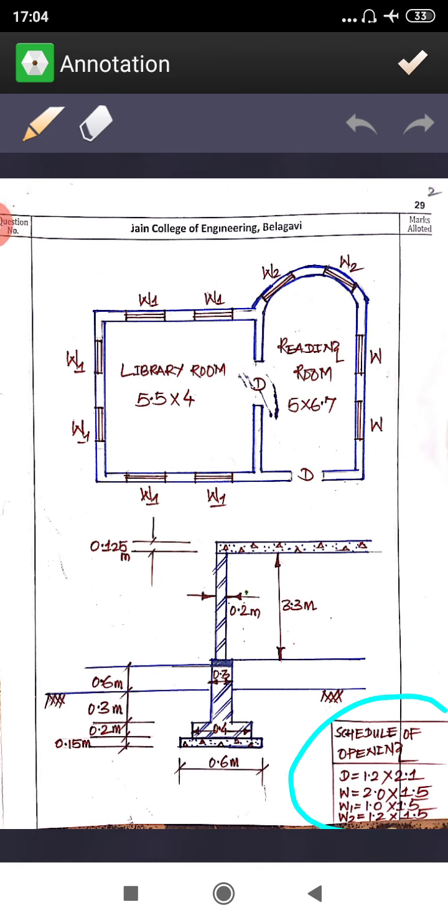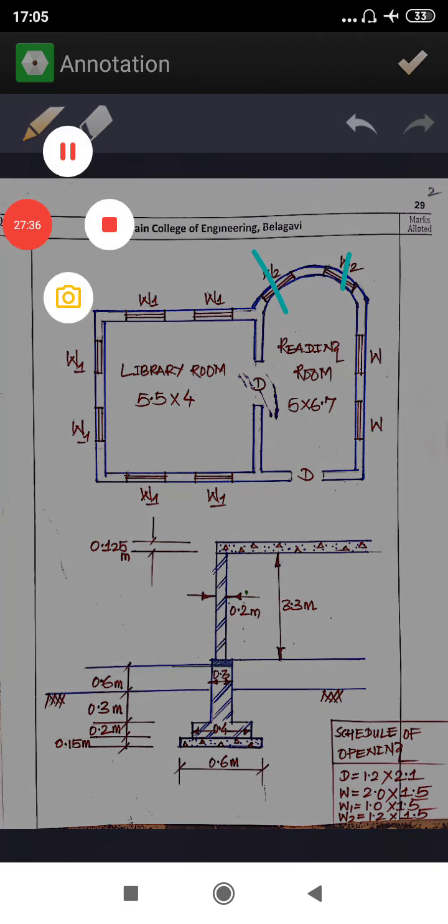We are having two numbers of doors D, then two numbers of larger windows, then W1: one, two, three, four, five, six numbers of W1, and two numbers of W2. This is what we have to deduct from the total quantity of 24.52 of brickwork in superstructure.